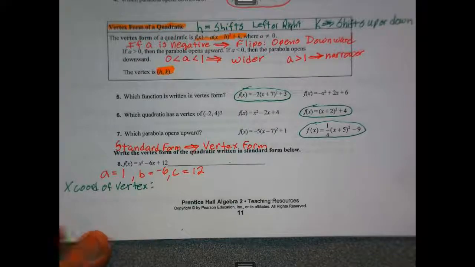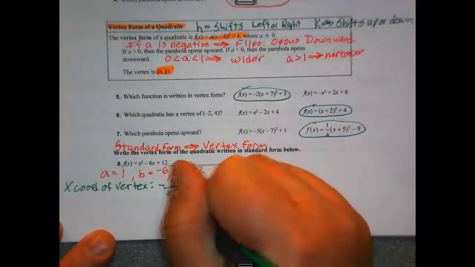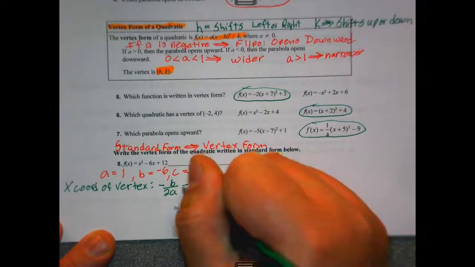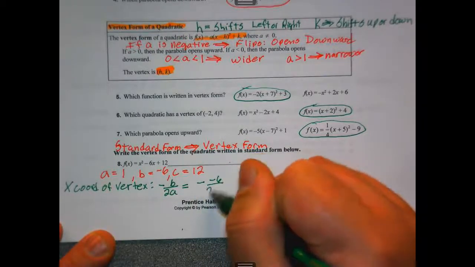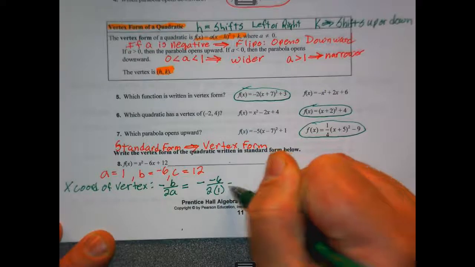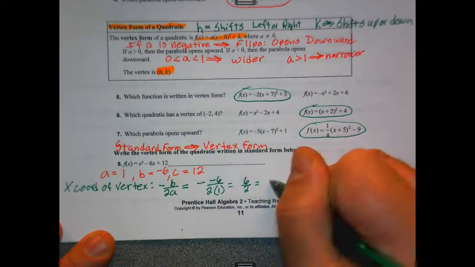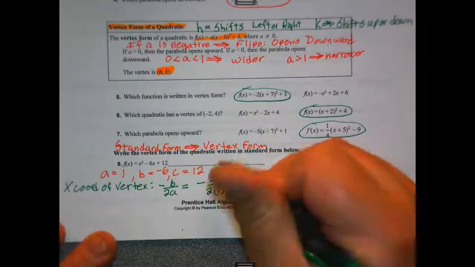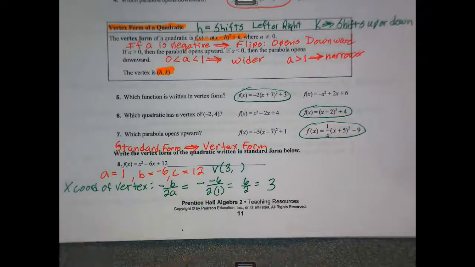How do I get the x-coordinate of the vertex? That's right, negative b over 2a. So negative 6 over 2 times 1 equals positive 6 over 2, which equals, that's right, kids, 3. How do I get the y value?